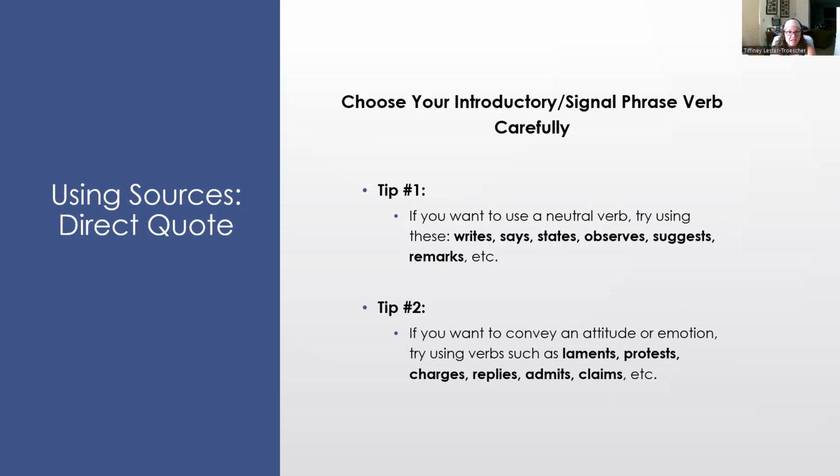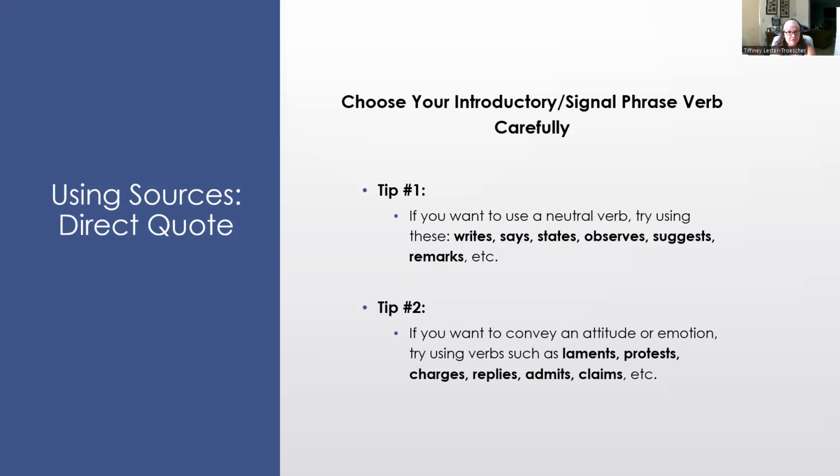Choose your signal phrase or your verb carefully, right? You could say that such and such author states, remarks, or suggests. Those are neutral verbs. Those types of verbs are saying that the author of the original source was simply presenting information.